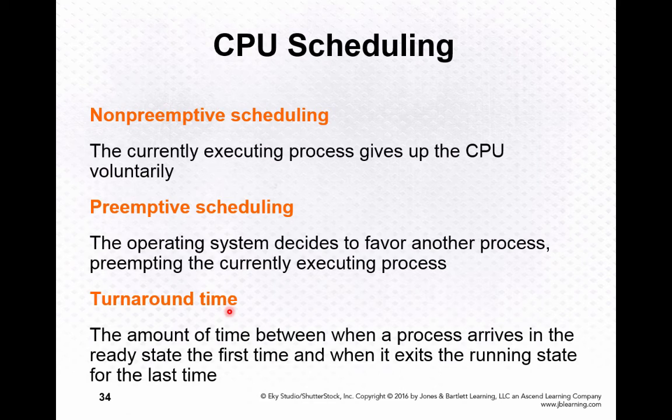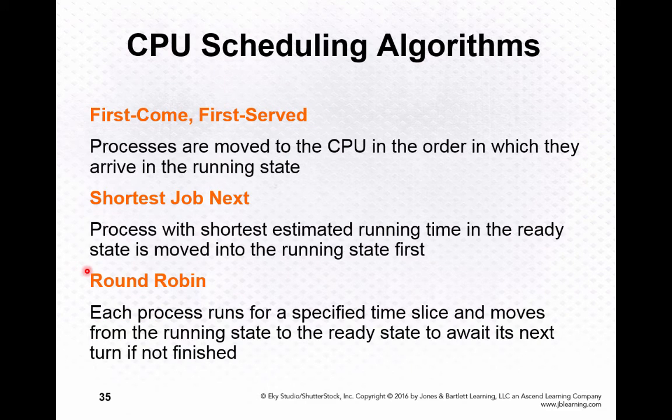That's the turnaround time. And obviously, it depends on how many other processes are running at the same time. So when you're CPU scheduling, one goal of your scheduling might be to keep the turnaround time small, but it's more complicated than that. So let's look at some different CPU scheduling algorithms.